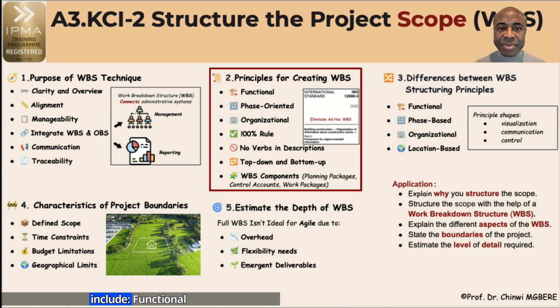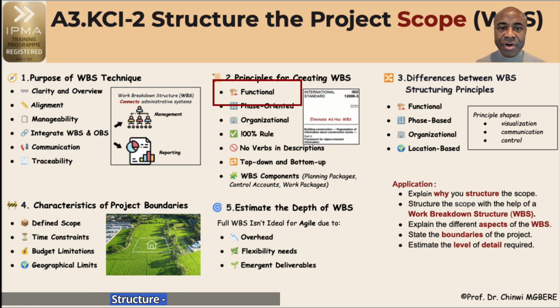Key principles include functional structure, breaking down the project based on components or systems. For instance, foundation, structure, HVAC. Phase-oriented structure breaks it down by project phases. For example, requirements, design, development, testing.